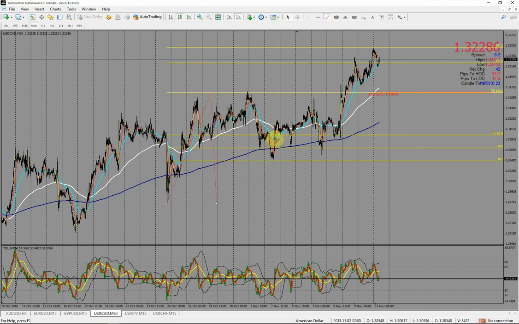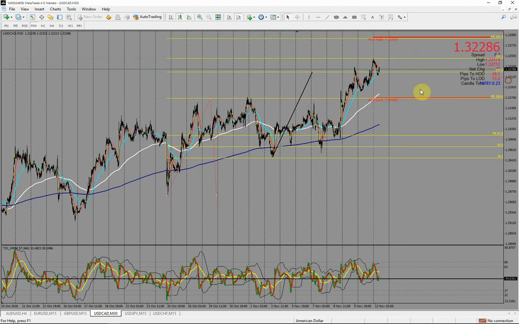So let me change that color into green to illustrate that it's going up. Yeah, so that's how it goes. And then let me put the red line to show that it's a reversal.